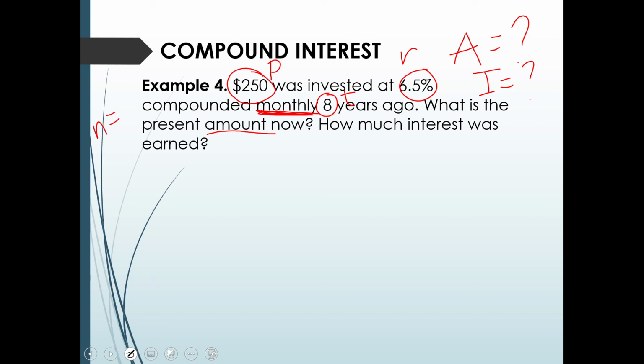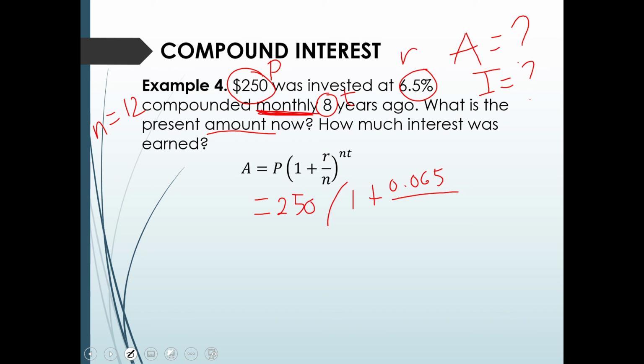So N is 12. So apply that to the formula. 250, R 6.5 divided by 100, so 0.065, divided by N, monthly 12, times the time, which is 8.